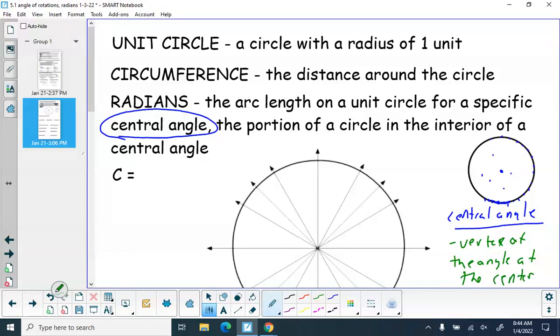That is by definition what a central angle is.